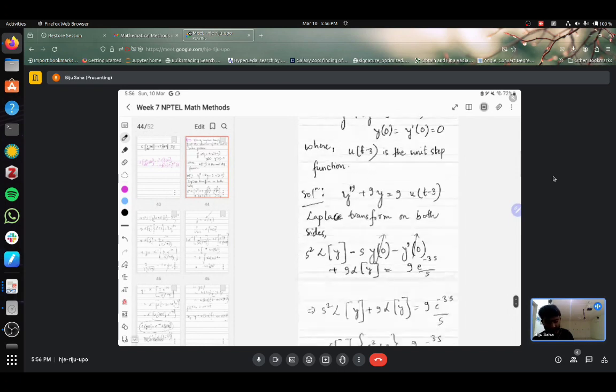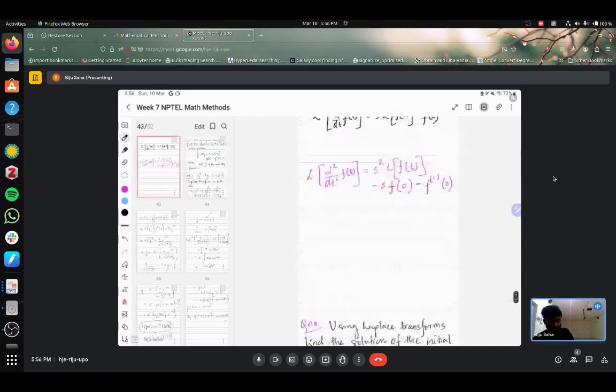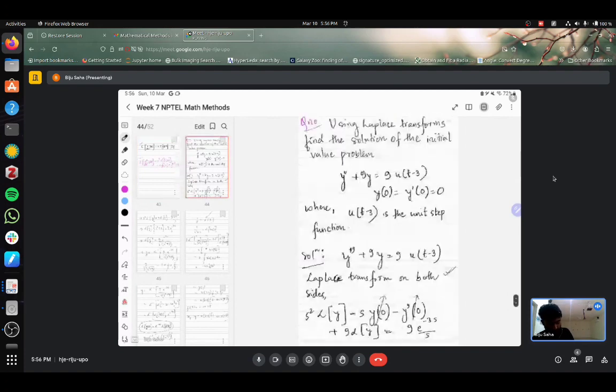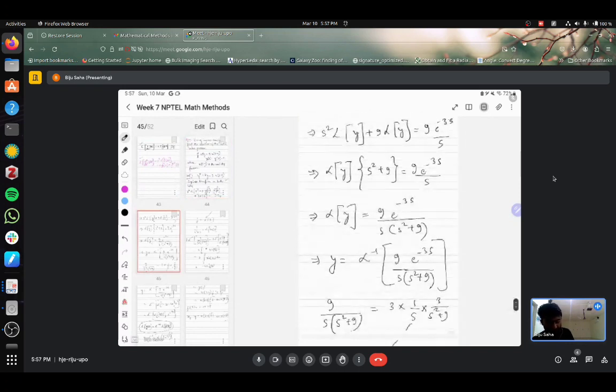The first step is taking Laplace transform on both sides. We had the Laplace transform of the first order derivative and of the second order derivative. With that we reduced our expression, and in the last step, the Laplace transform of y is given by this right-hand side.